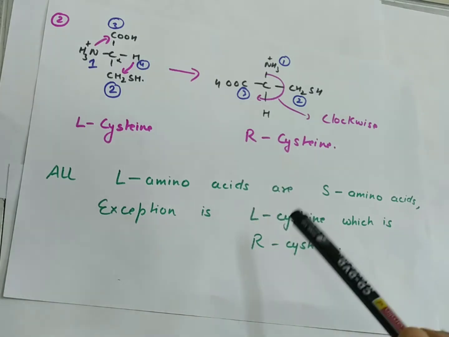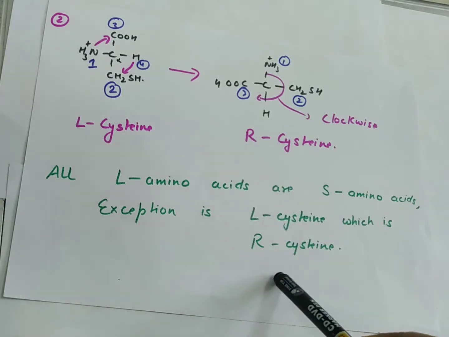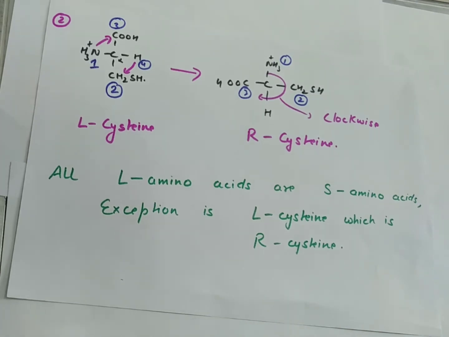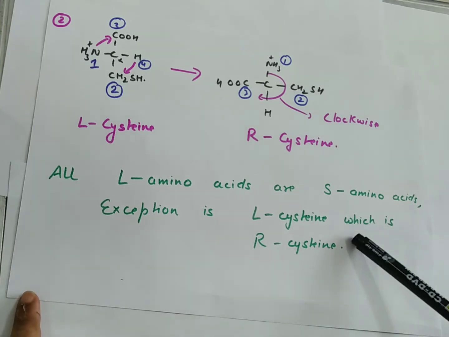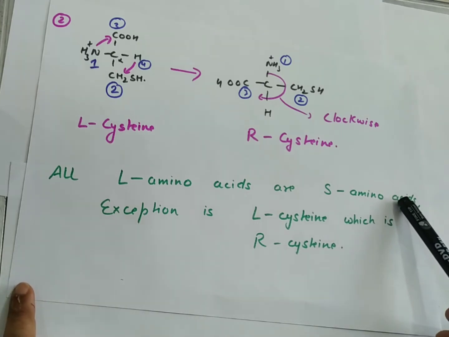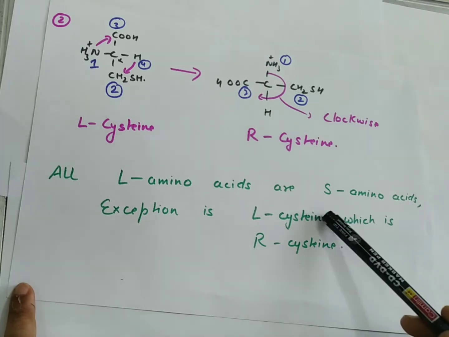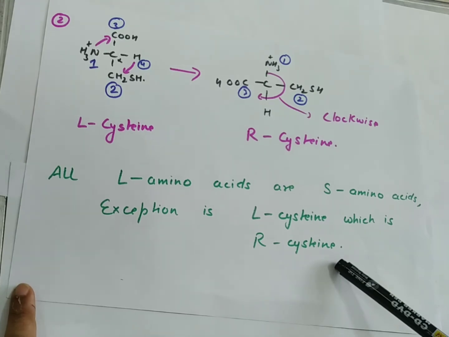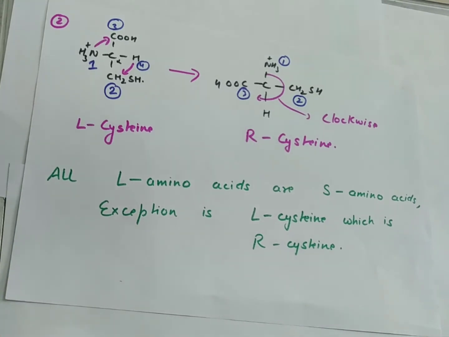The exception is only L-cysteine, which is R-cysteine. All L-amino acids take the S configuration in the RS system, except L-cysteine, which takes the R configuration. Okay, so this was the RS system. Hope it is clear to you. If you have any doubt, you can ask me. Thank you.